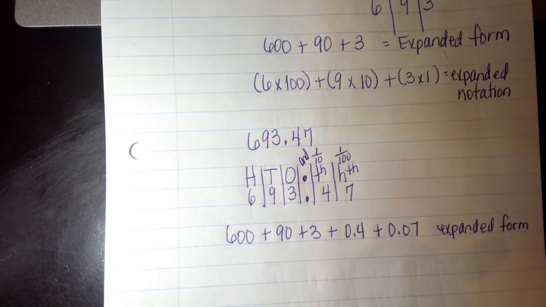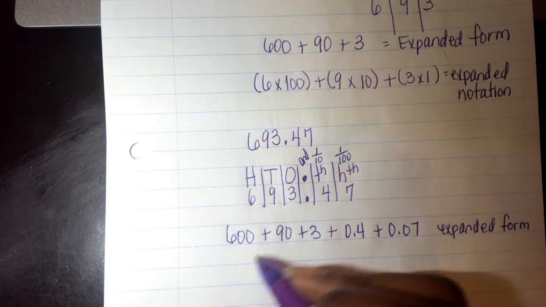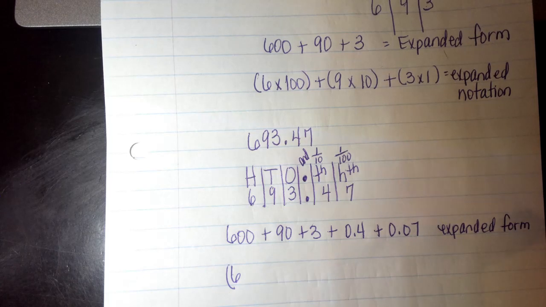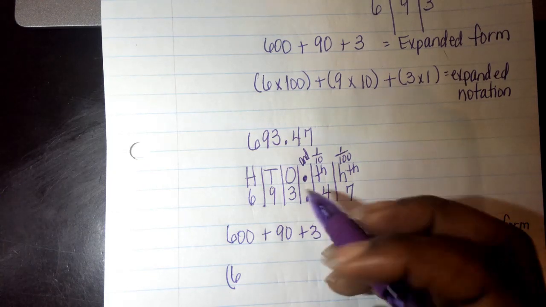Let's do expanded notation. It's just going to be the digit times the place value. So 6, don't forget the parentheses, we're going to keep that group together.